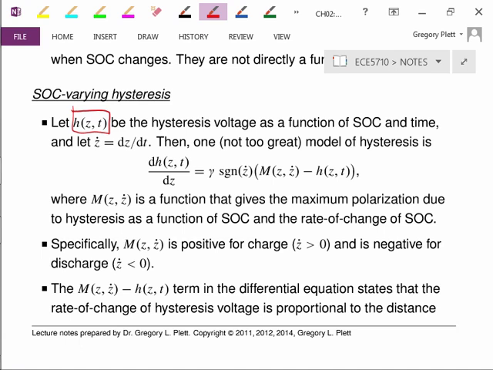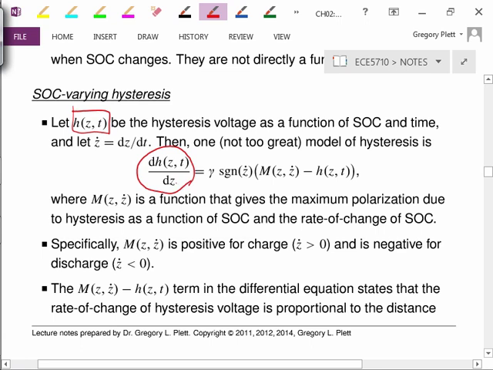With this nomenclature, we then define a model of hysteresis with this differential equation, which says that hysteresis voltage changes as state of charge changes. Remember, this is a function of the history of state of charge, not of time directly. So H changes as z changes according to this assumed form. And it's a first order differential equation.